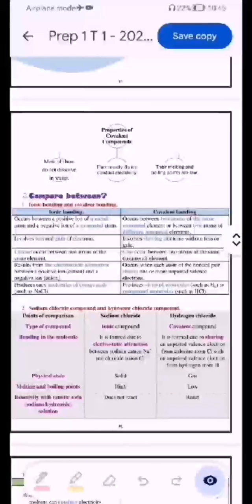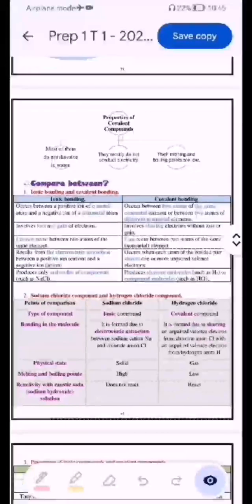Number one, ionic bonding occurs between a positive ion of a metal and a negative ion of a non-metal, but covalent bonding occurs between two atoms of the same non-metal or two atoms of different non-metals.